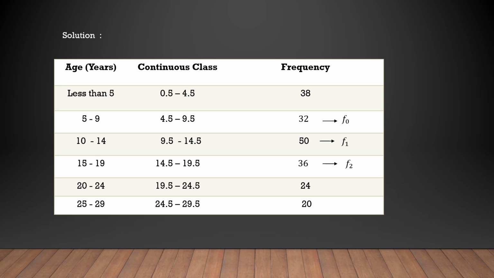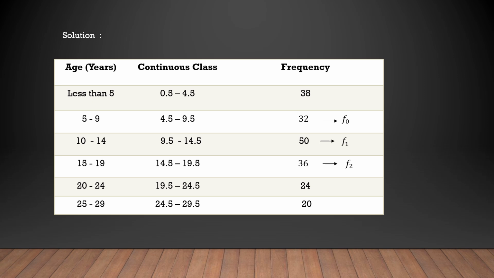Between 9 and 10 there is no value. So here we add one column, which is the continuous class.